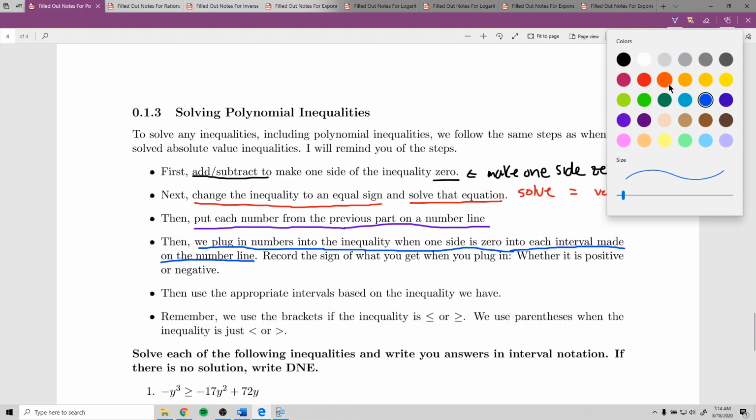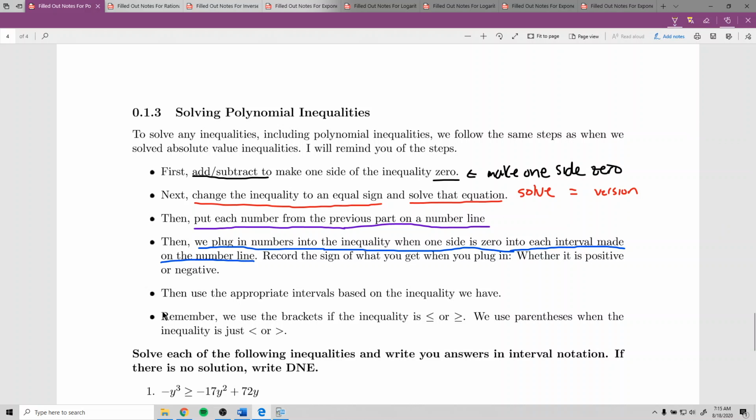And there's kind of two ways to record your answers here, either with a plus or a minus sign, whether it's positive or negative. Or since you have an inequality here, you can write a yes or no depending on which one works. Right, then based on your number line, you're going to choose the correct intervals.